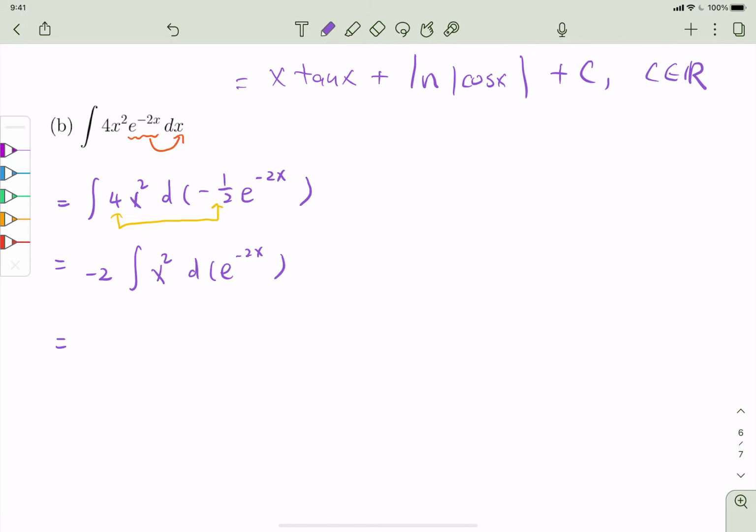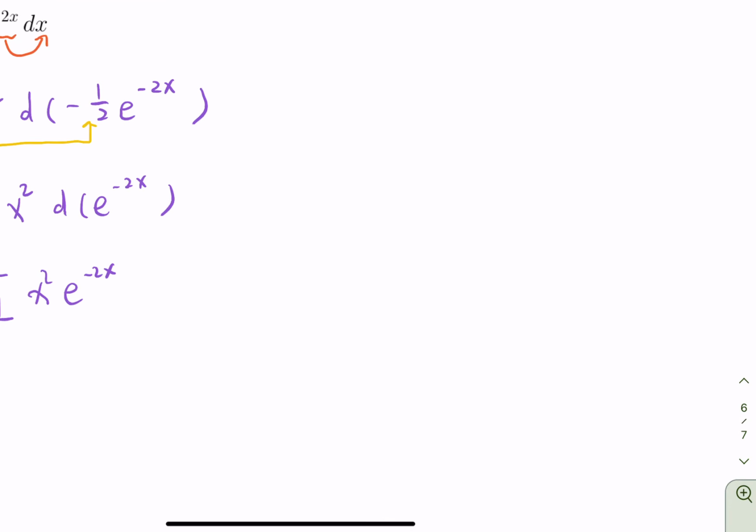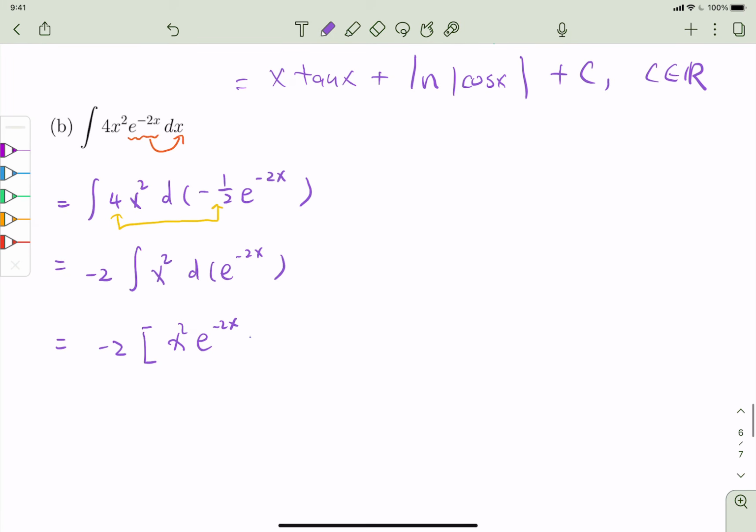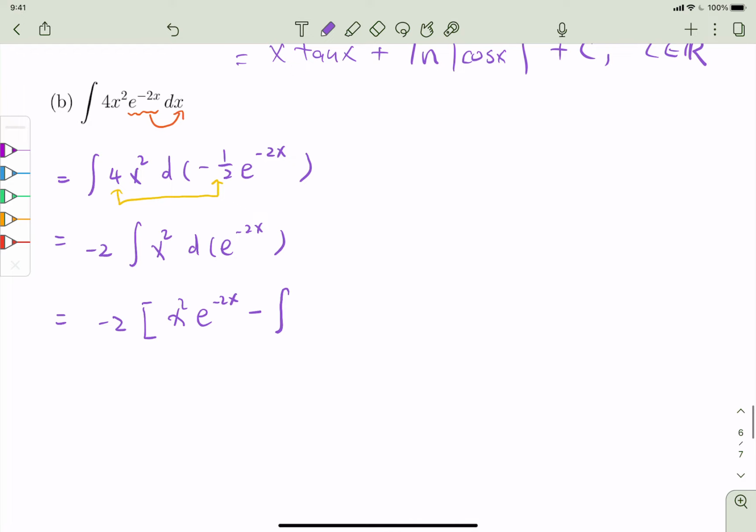Now by the integration by parts, we can write the product minus the integration by switching the positions of these two functions. So this thing goes out and the x squared goes in, right? Switch position.